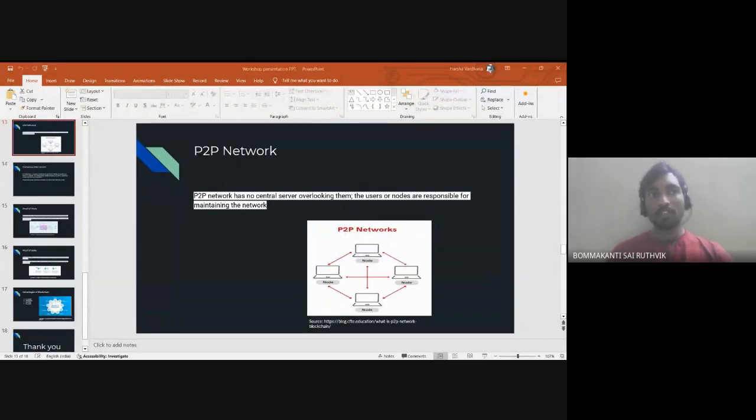Let's say if there are dependencies on the server side and the server fails, the client's architecture might fail. In a P2P network, there is no central authority, so it is advantageous. Now the next slide.